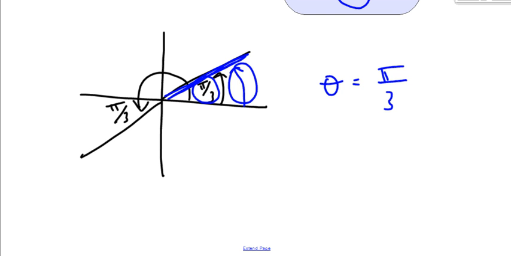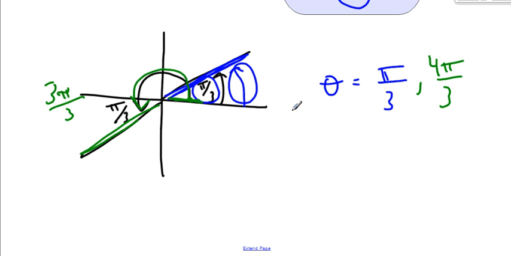Now I have to worry about this other one. So here's the terminal arm. If we start at the starting point and rotate here, what should we actually call that angle? I rotate it past pi, which in this case I would call 3pi/3, and then I went one more pi/3. So I went to 3pi/3, added another pi/3, and that would put me at 4pi/3.